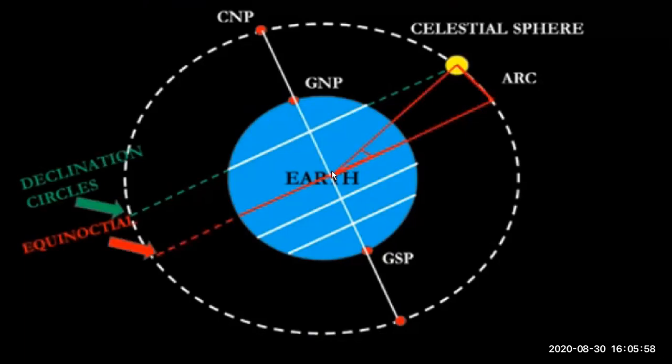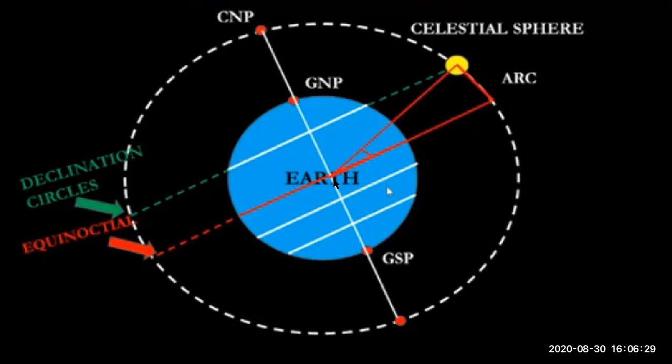It's very simple, and it is the declination circle passing through that body. So declination is the arc of the celestial meridian through which the body is passing, or the angle subtended at the center of the earth between the equinoctial and the declination circle of that body.